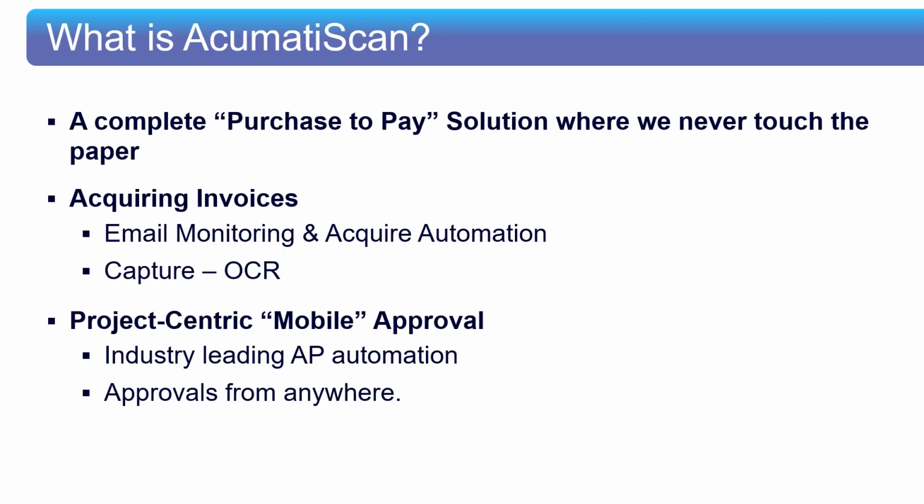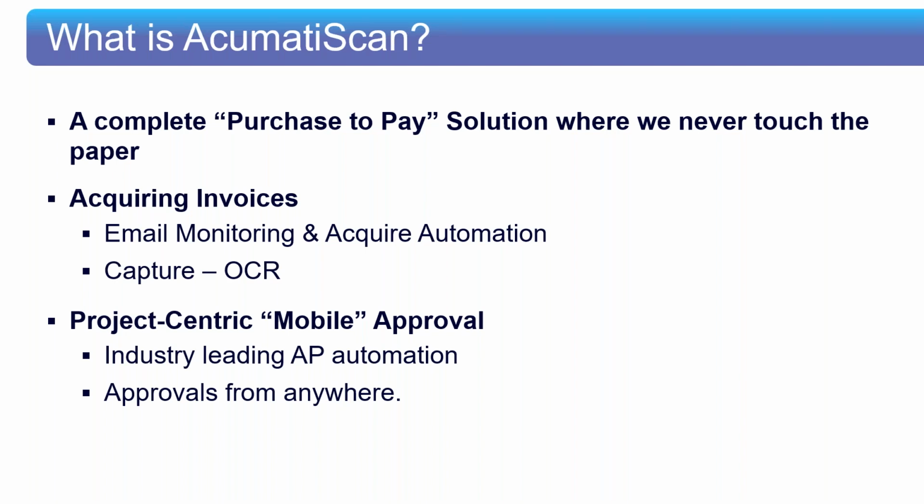It is a complete purchase-to-pay solution with the idea of never having to touch the paper along the way. Starting with the process of acquiring AP invoices, there are tools such as email monitoring and acquire automation that eliminate having to actually handle the paper to acquire the documents.